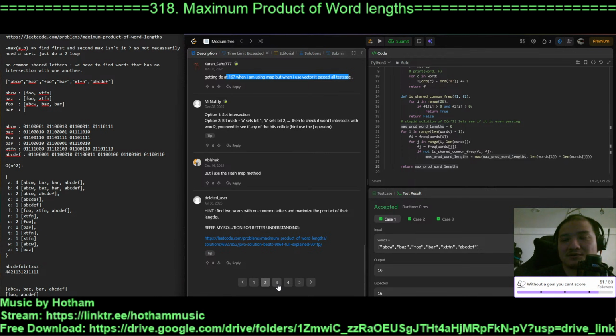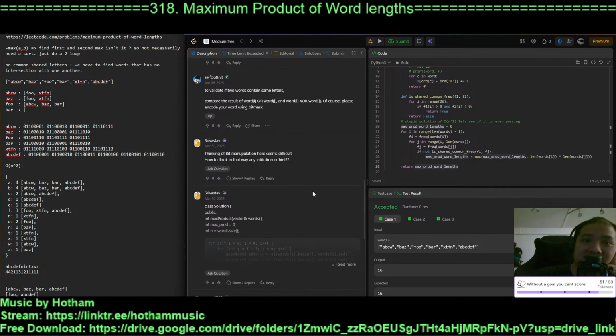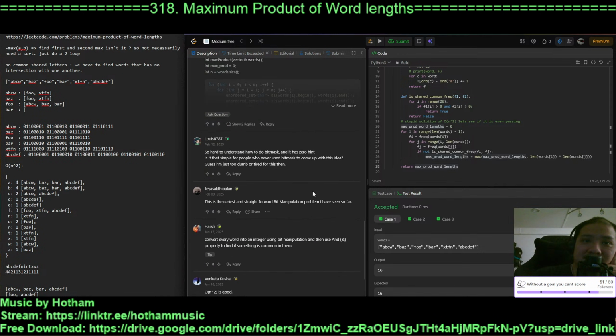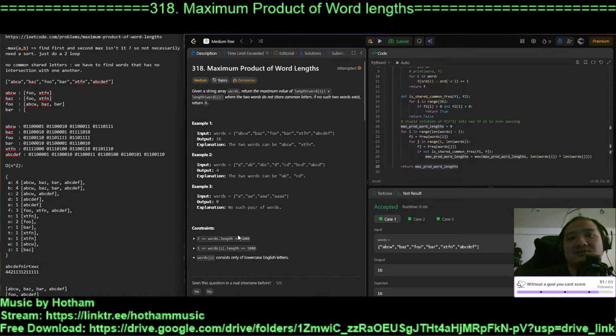I don't want to look at the solution, but seems like people are saying bit manipulation will work. Okay, so let's try that.